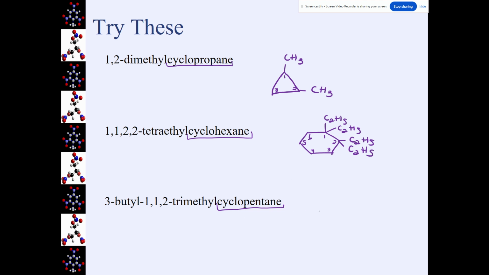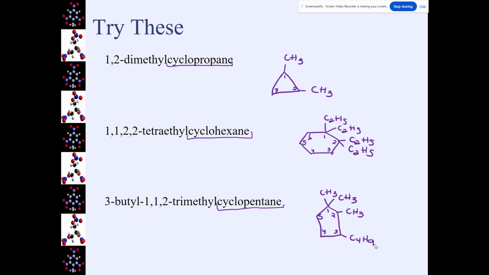And then cyclopentane, that is a house-looking structure. 1, 2, 3, 4, 5. On carbon 1, I actually have 2 methyl branches. On carbon 2, I have a methyl branch, and on carbon 3, I have a butyl branch. That's C4H9.